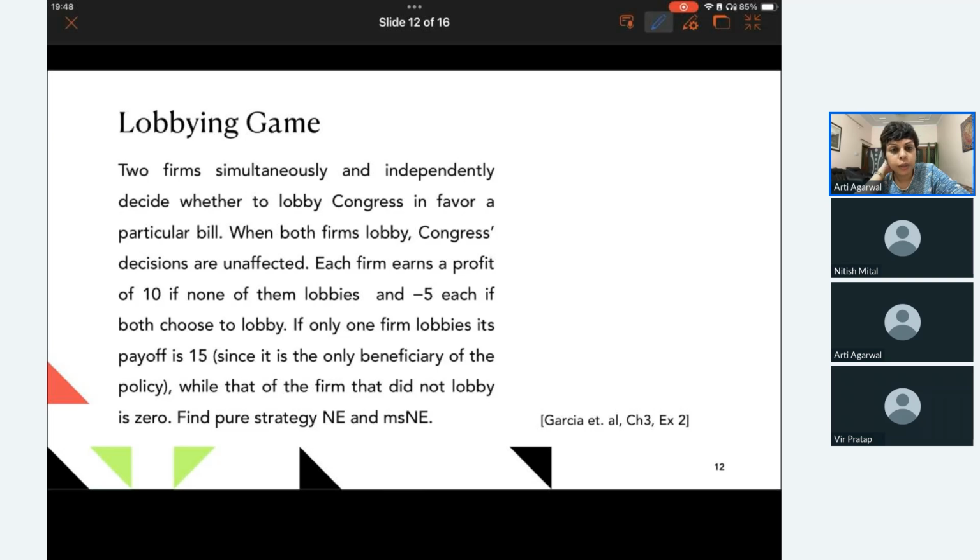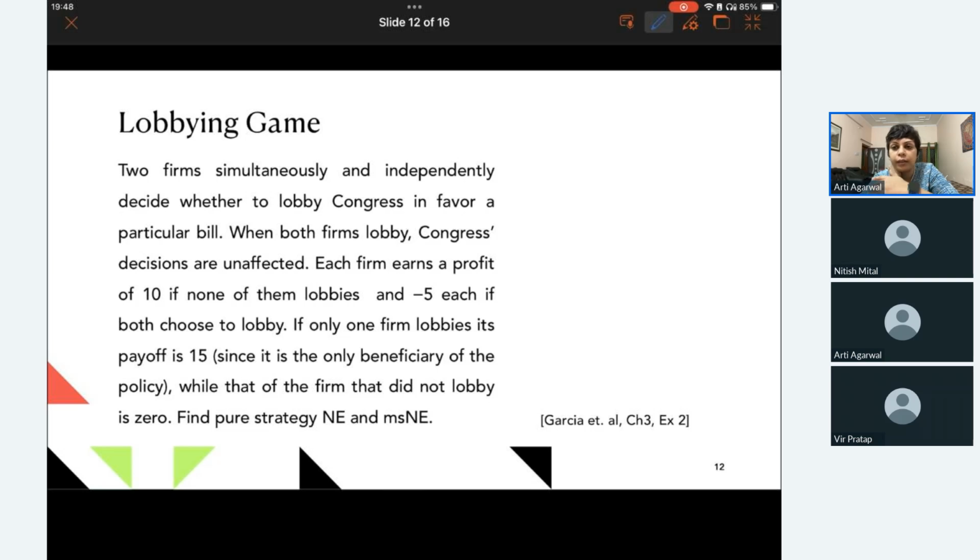And if both of them lobby, it is -5, right? That's what it says. Each firm earns a profit of 10 if none of them lobbies, and -5 each if both choose to lobby. If only one firm lobbies, its payoff is 15, since it is the only beneficiary of the policy. I'm lobbying and the other guy is not lobbying, only I get the benefit.